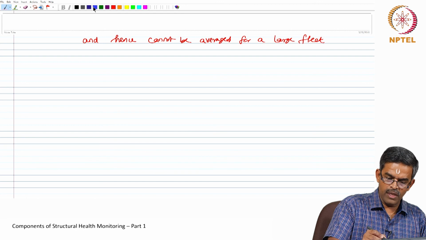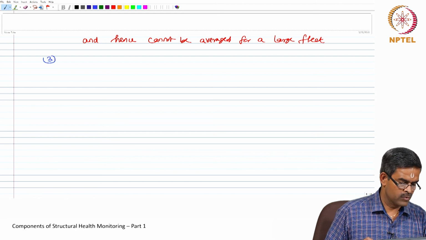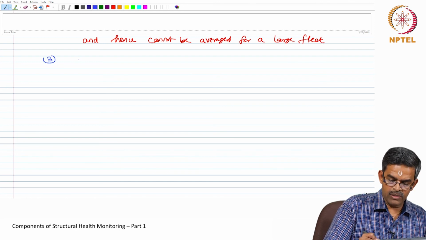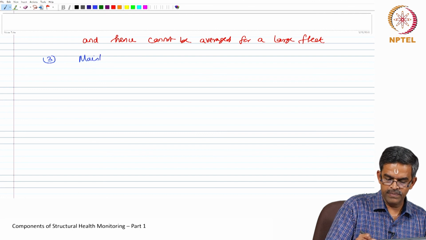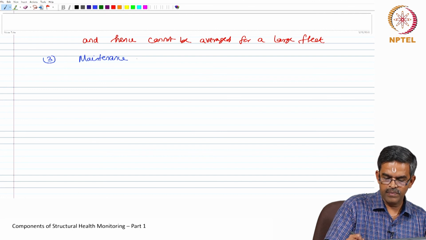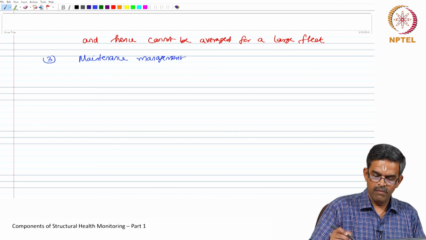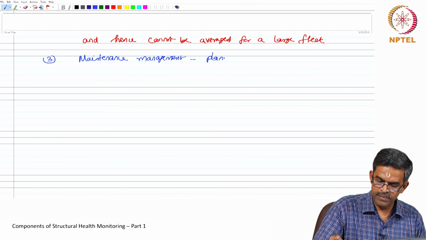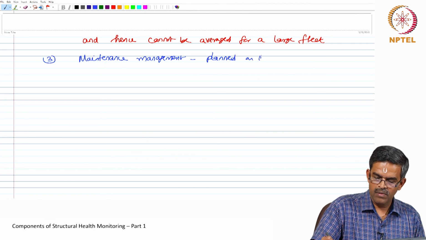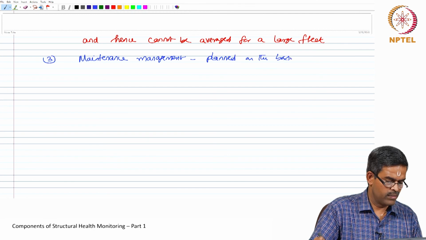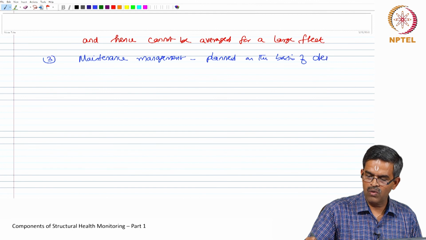The third anomaly could be based on the maintenance management, which can be planned on the basis of design load spectrum.